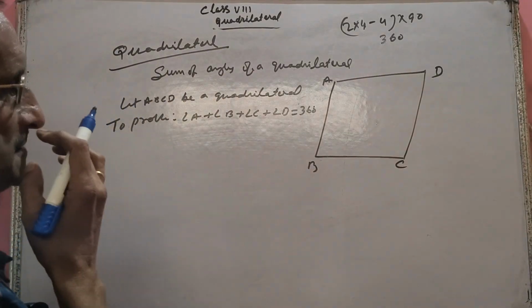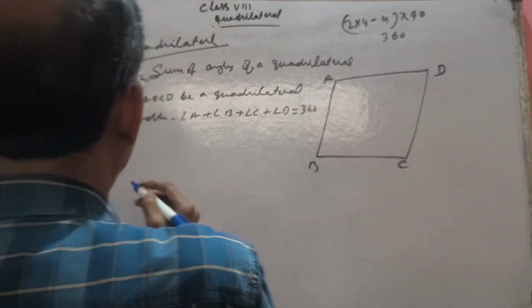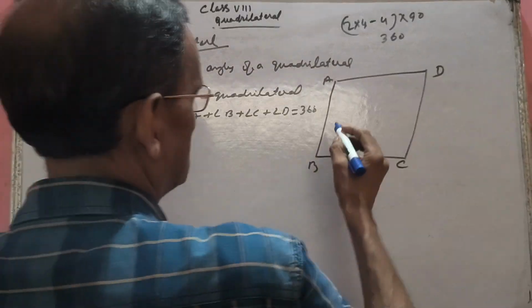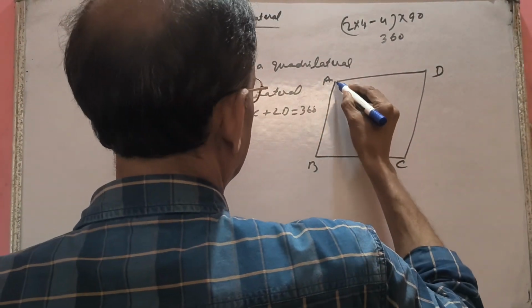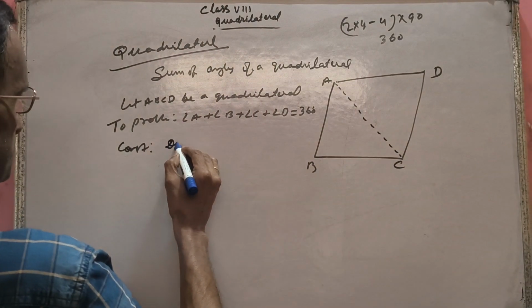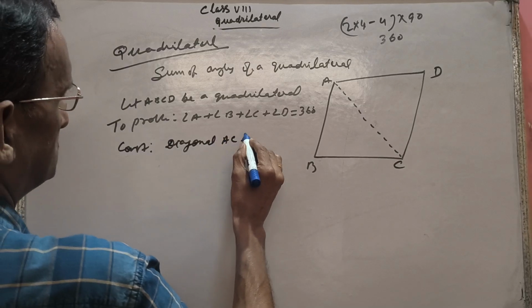You know only the sum of angles is 360 degrees by this formula. We are trying to prove it logically. So we need to draw a construction. Draw a diagonal BD or AC, anything. Okay, draw a diagonal AC. Diagonal AC is drawn.